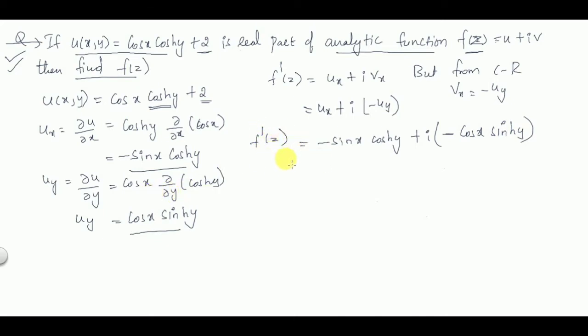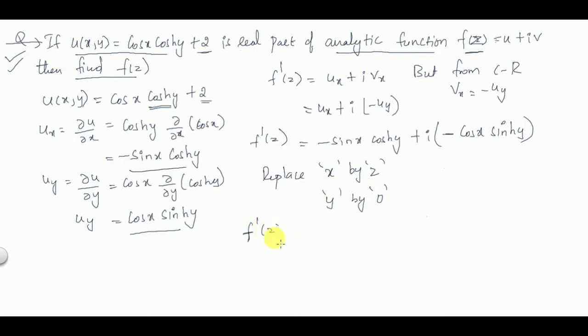So we have got f'(z). What I have told you, after this, is to replace x by z and y by 0. Okay, this is the procedure you have to follow. So replace x by z and y by 0 in this.